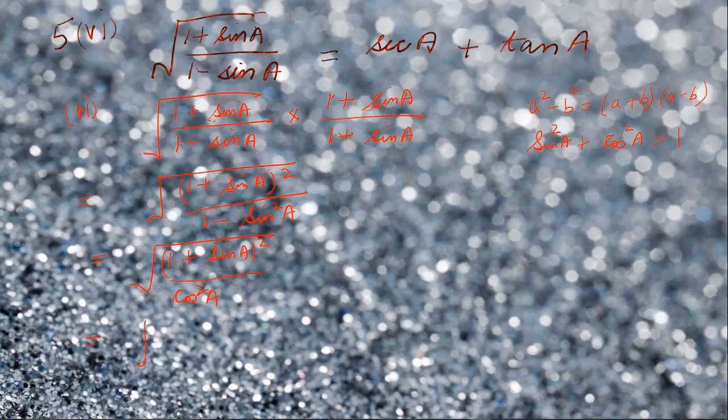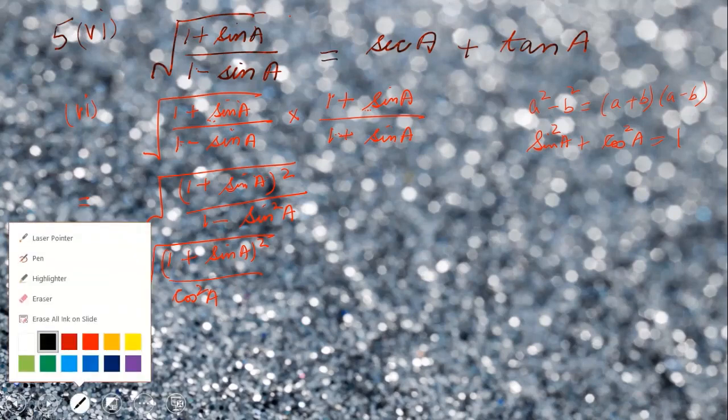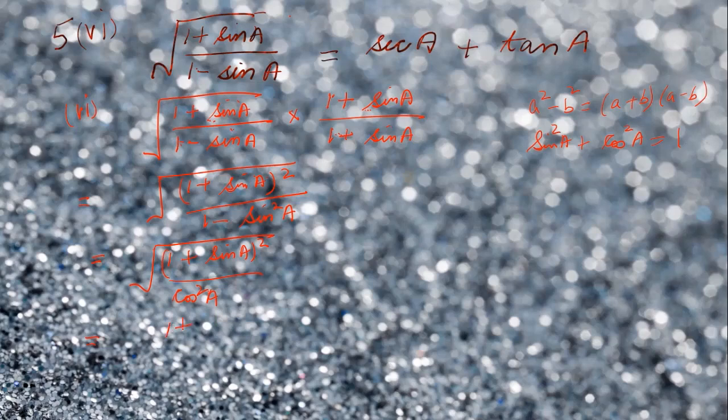So you can write it as 1 plus sin A upon cos A, or you can write like this, 1 upon cos A plus sin A upon cos A. And as you know, 1 upon cos A is your sec A plus sin A upon cos A is tan A. So this is your right hand side. So in this way you will solve it.